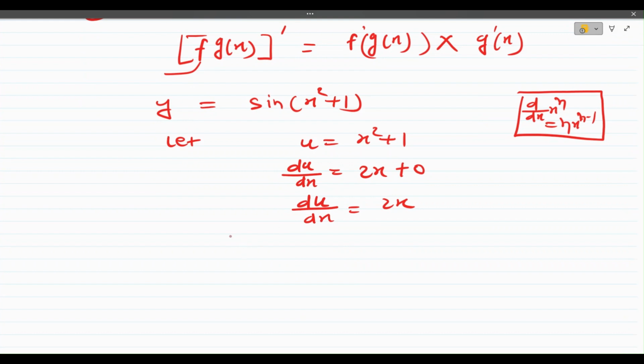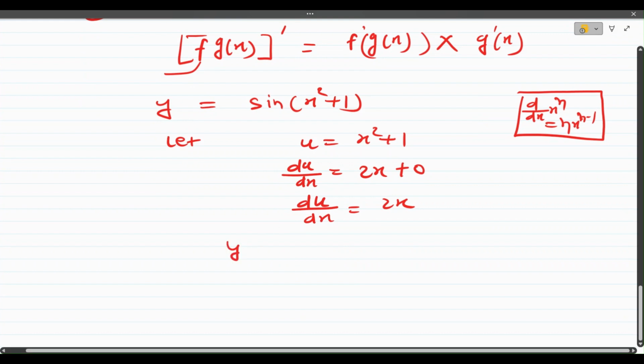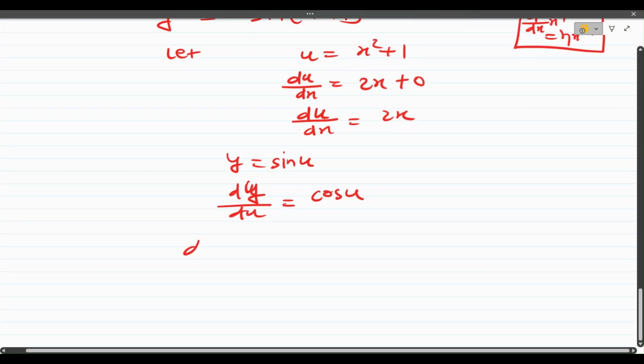Now we have y is equal to sine u. Here we differentiate with respect to u and we get dy over du, and the differentiation of sine is cos. So that's cos u. To get dy over dx, we must multiply dy over du times du over dx.